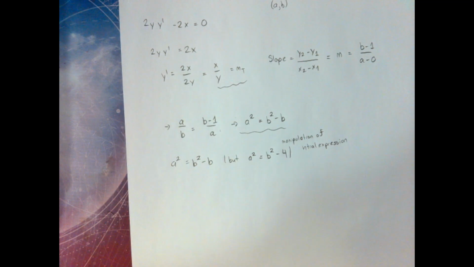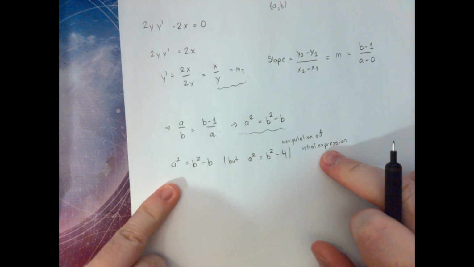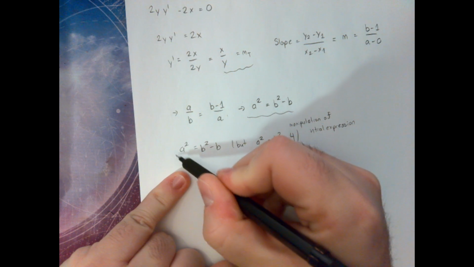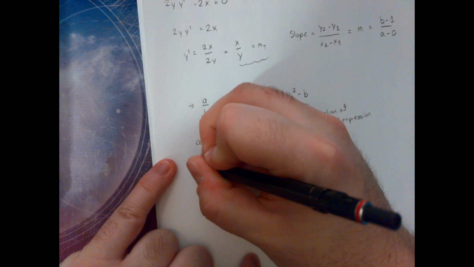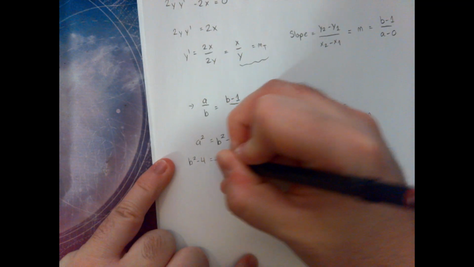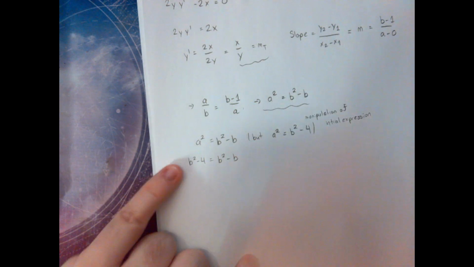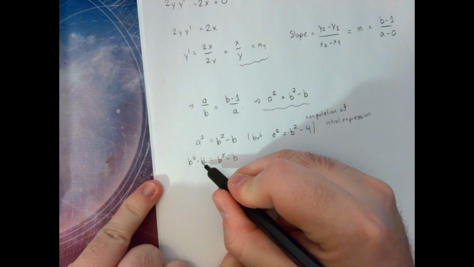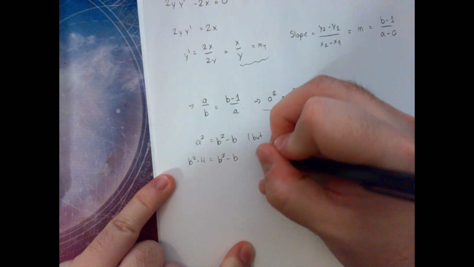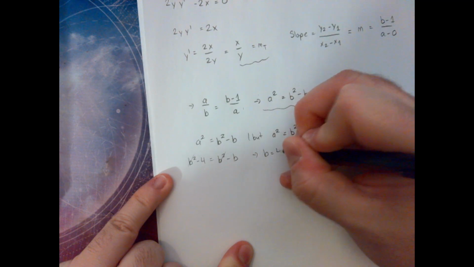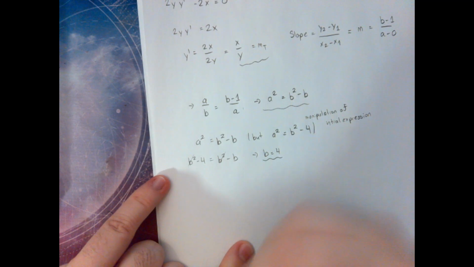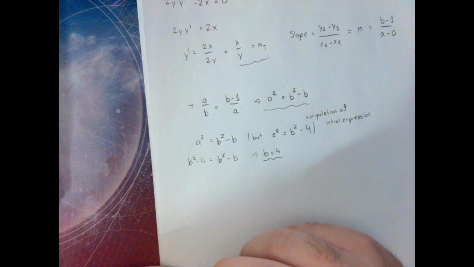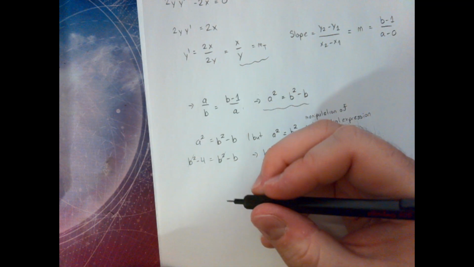Okay. So that's our manipulation of our expression, and now when we equate these two, I'm just going to sub in b squared minus 4 to replace a squared here. So b squared minus 4 is equal to b squared minus b, and obviously we can cancel these two out. So I get negative 4 is equal to negative b, or in other words, b is just equal to 4. Now that b is equal to 4, we can do a straightforward substitution to find a.